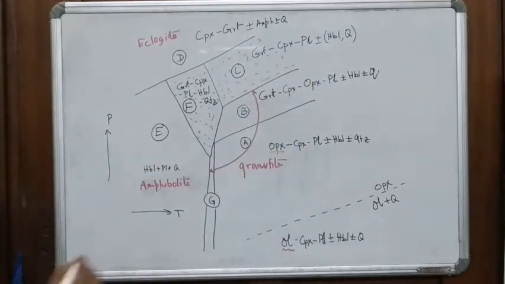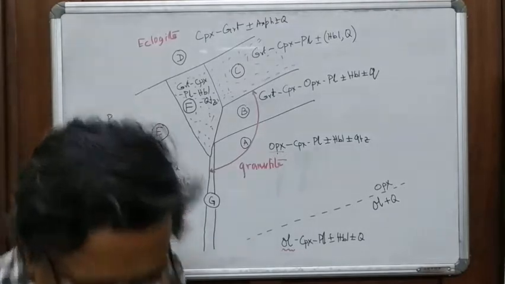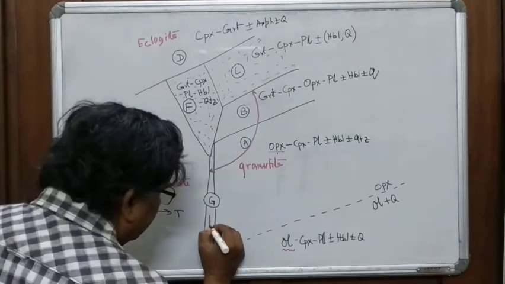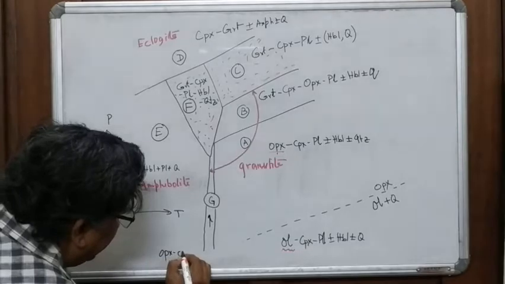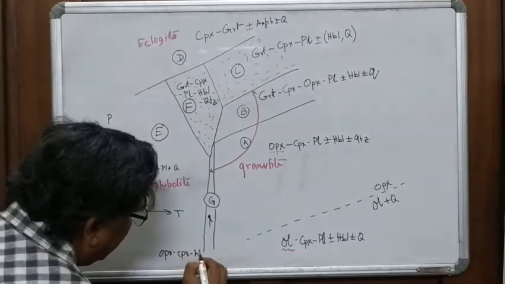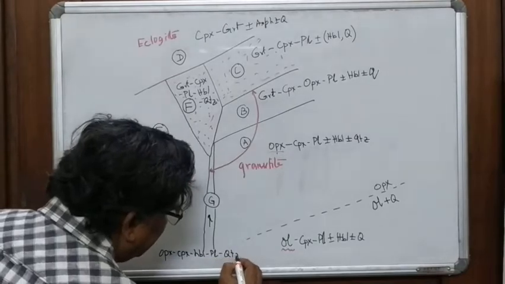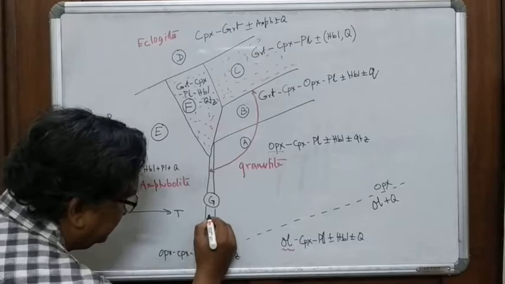Oh, I have not given you this assemblage. You can well understand what this assemblage will be. It's not difficult. This G here is orthopyroxene, clinopyroxene, hornblende, plagioclase, quartz. This is basically the G assemblage.